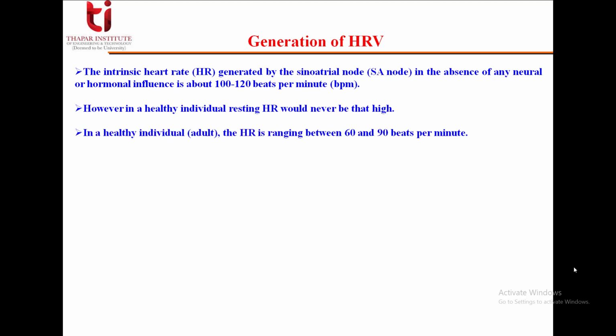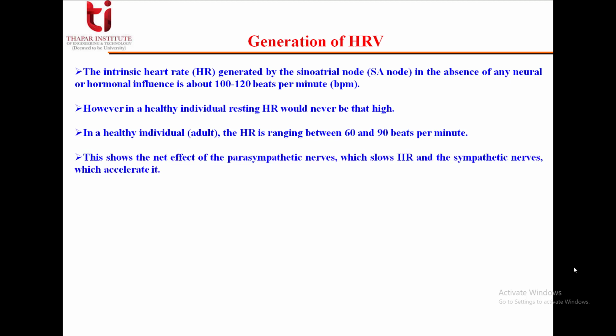In a healthy adult, the heart rate ranges between 60 and 90 beats per minute. This shows the net effect of the parasympathetic nerves, which slow the heart rate, and the sympathetic nerves, which accelerate it. So we'll see the effect of the autonomic nervous system on intrinsic heart rate.